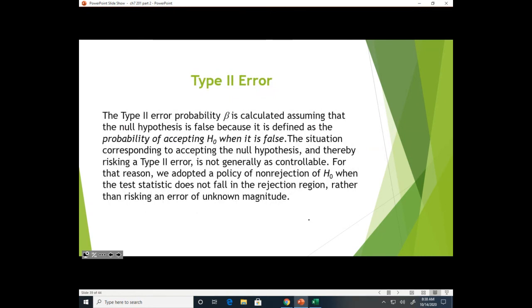So the type 2 error probability beta is calculated assuming that the null hypothesis is false because it is defined as the probability of accepting the null when it is false. Accepting the null hypothesis and thereby risking a type 2 error is not generally as controllable. For that reason, we adopted a policy of non-rejection of the null when the test statistic does not fall in the rejection region, rather than risking an error of unknown magnitude.